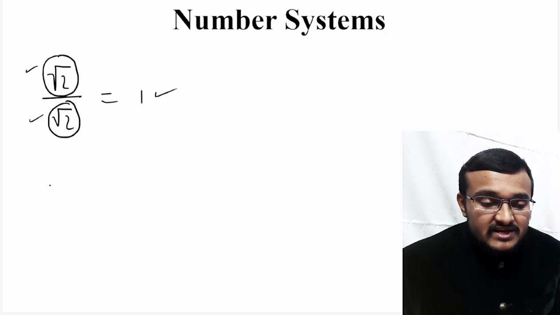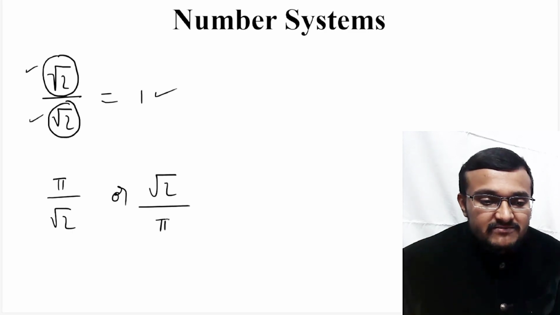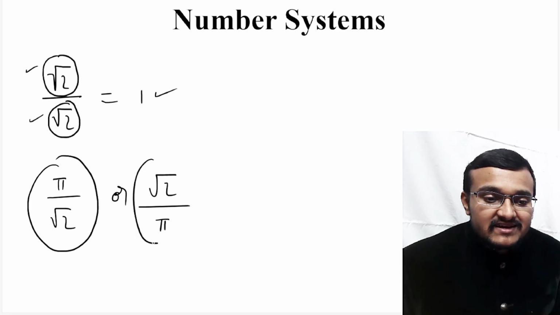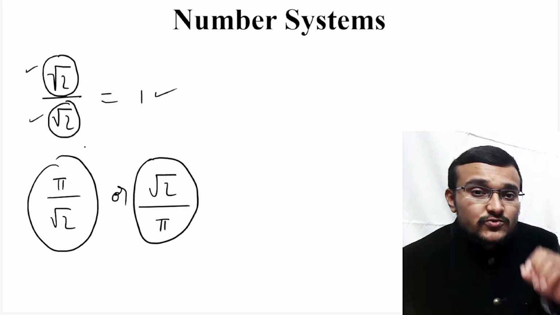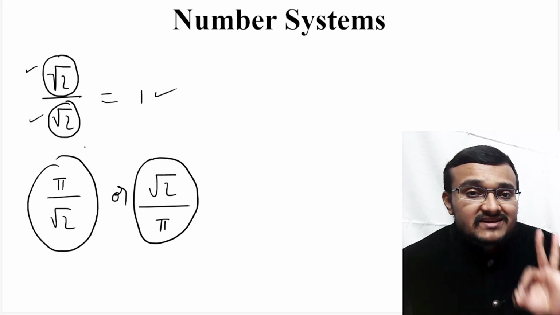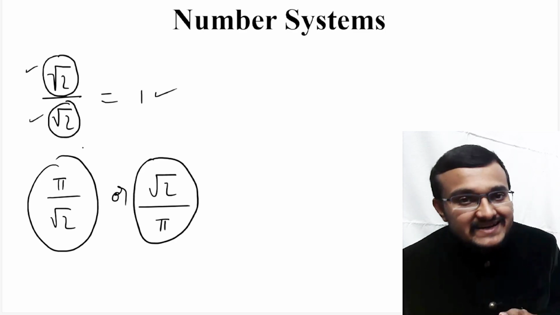Or if I divide pi by root 2 or root 2 by pi, then I will get an irrational number only. So whenever you divide an irrational number by another irrational number, you might get a rational number or an irrational number.